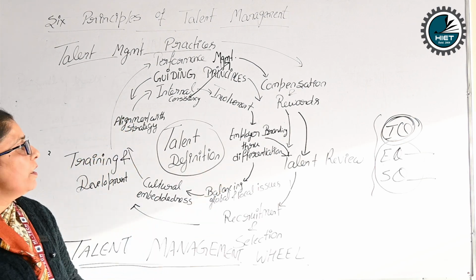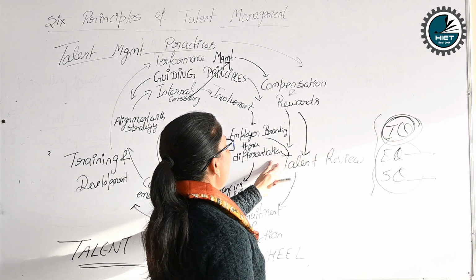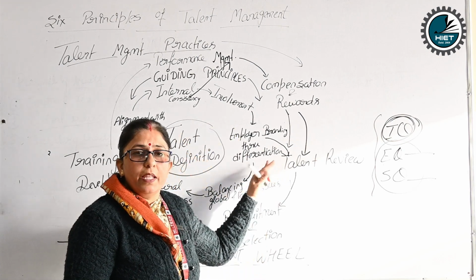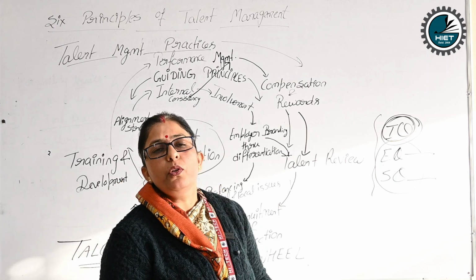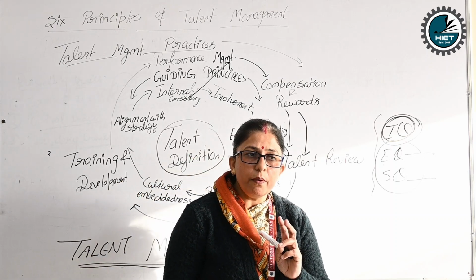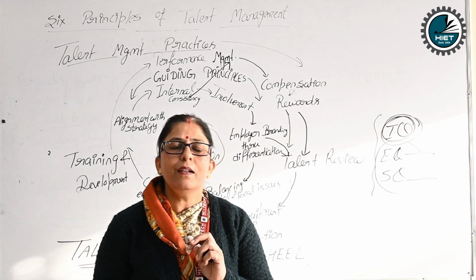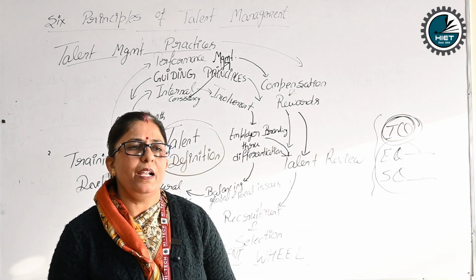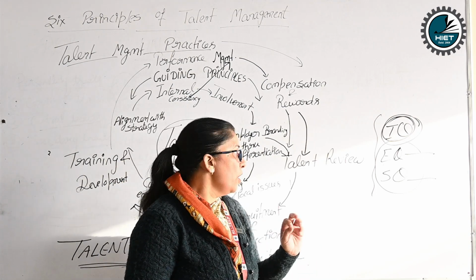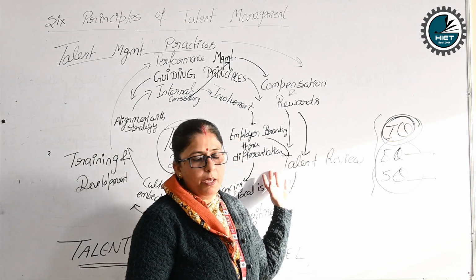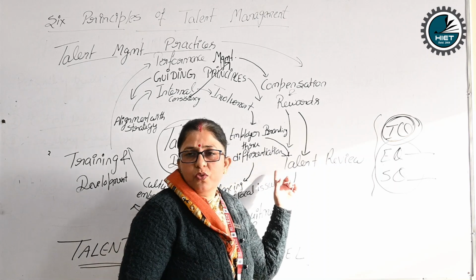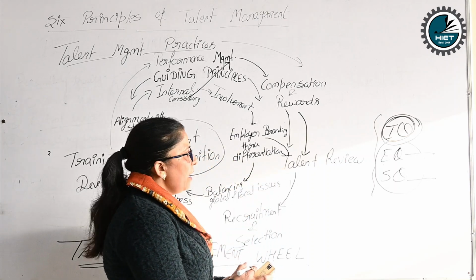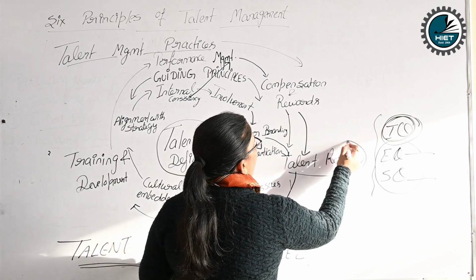Here we will discuss that if an employee is working for any organization, there may be two types of employees: talented workhorses, and those who work without any intention, without any intellect. They are the normal kind of employees. For talented employees, the employer has to find out about their talents and skills, and here they deal with the talent review process.